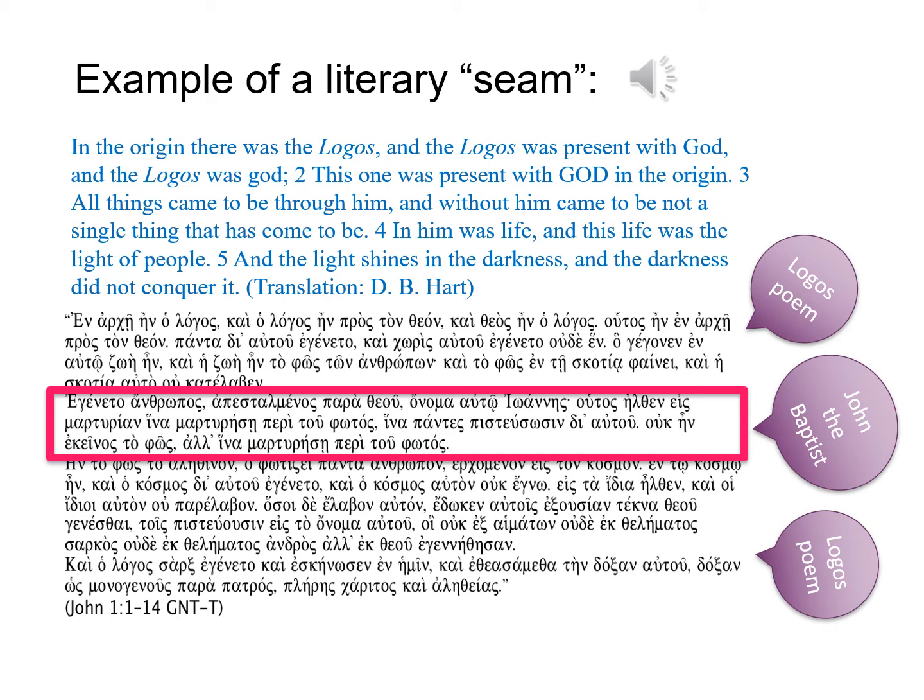So right in the middle of this passage that's about the cosmos, the Logos, the beginning, darkness, and light, is a different, non-poetic couple of verses about this guy named John. So check that out. That is what I mean when I say a literary seam. It kind of looks like there was one older thing and then a different thing gets plugged in, inserted.